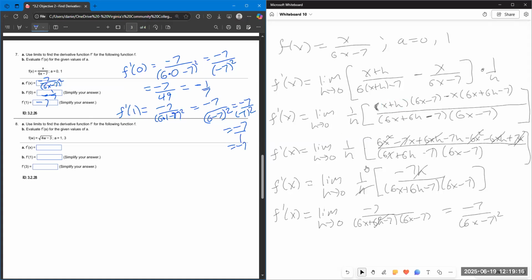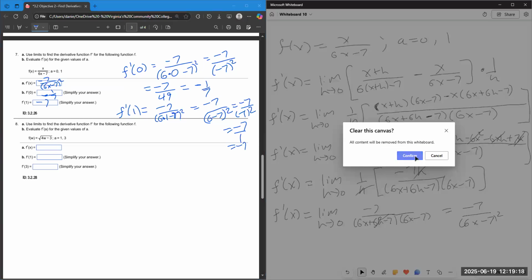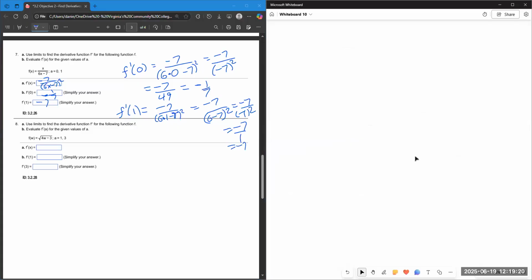All right. This last one for this video has a square root in it, and that makes it a little bit more complicated. I think we did some of those when we did f prime of a. Let's look at f of w here. It's root 4w minus 3.